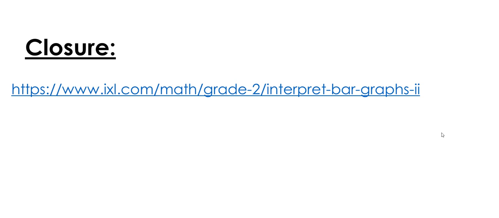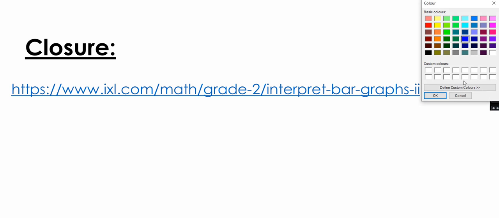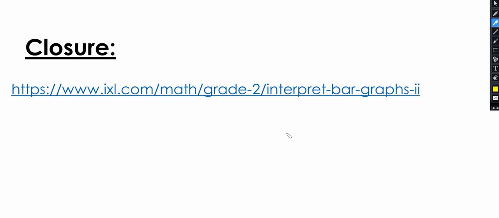And as a closure, go ahead and play the game. If you have a laptop, go to this link, and if you have your iPad, go to the application of IXL and play this game. Interpret bar graphs.